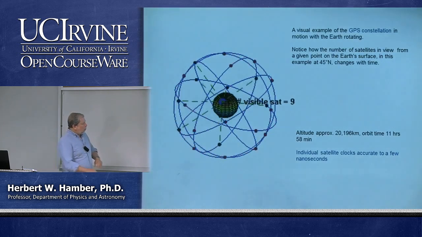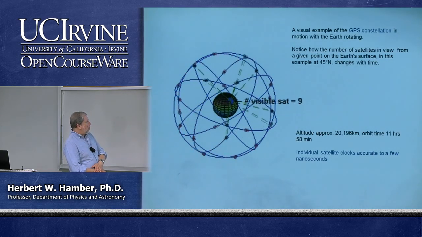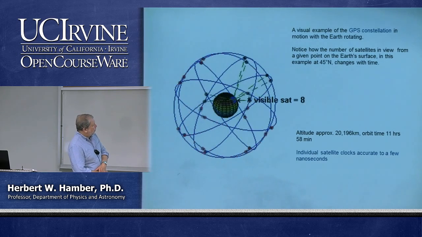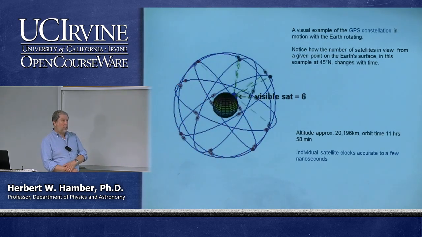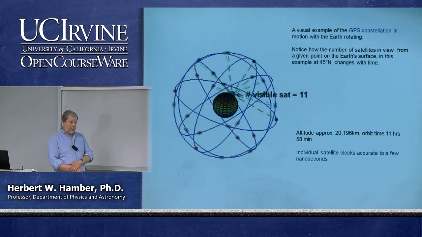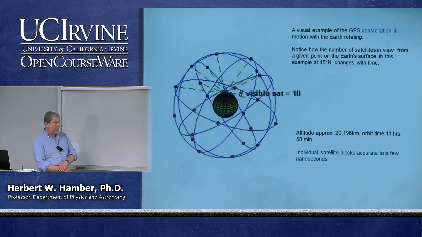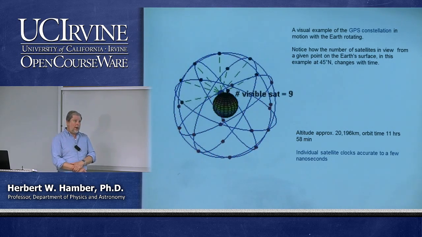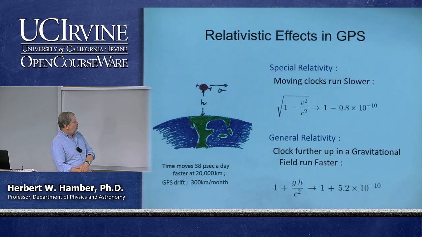And so they orbit the Earth in about 12 hours, and they carry clocks which are accurate to nanoseconds. And of course, we saw that already from the previous discussion of the airliner experiment, that these clocks have to be quite accurate to be able to correct for the effects of general relativity.